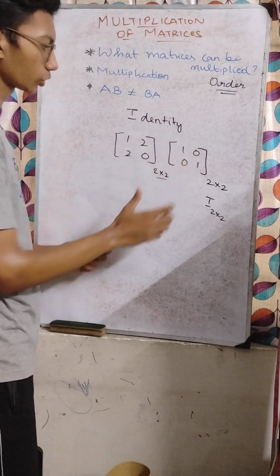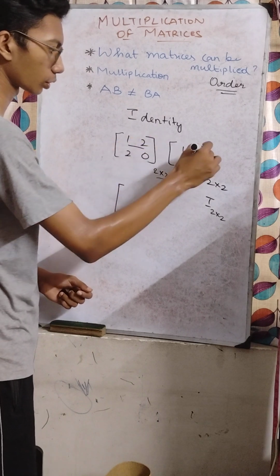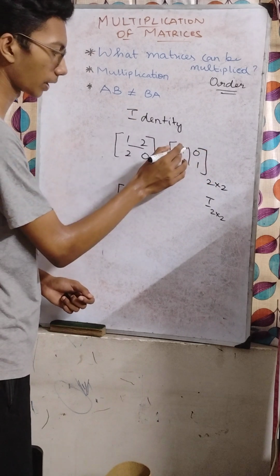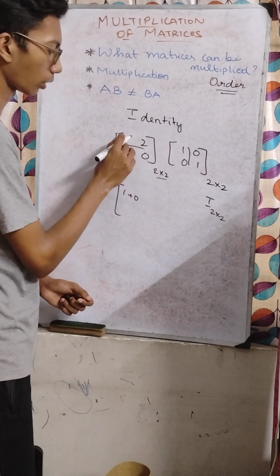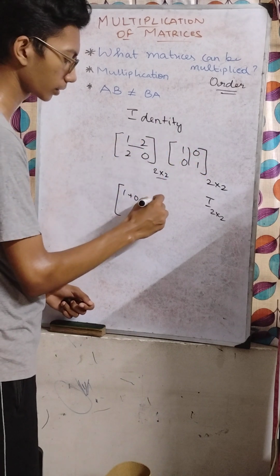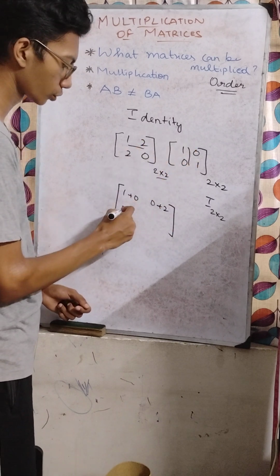So if we multiply these two matrices, this row with this column and this row with this column first. So 1 is multiplied with 1, 2 is multiplied with 0. Now 1 comma 2 is multiplied with 0 comma 1. So 0 plus 2. 2 is multiplied with 1.